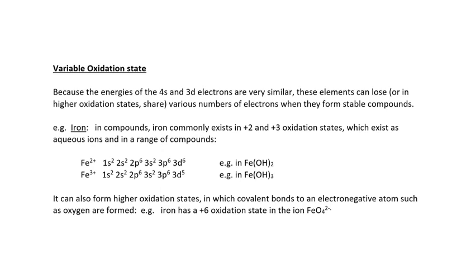So for iron, for example, Fe2+, Fe3+, as we've said before, are both very commonly encountered. So you could give examples like iron 2 hydroxide, iron 3 hydroxide as being both compounds that are easily formed, and we'll look at those in a later section. And you can write down what the electron configuration of the Fe2+ and Fe3+ ions would be.